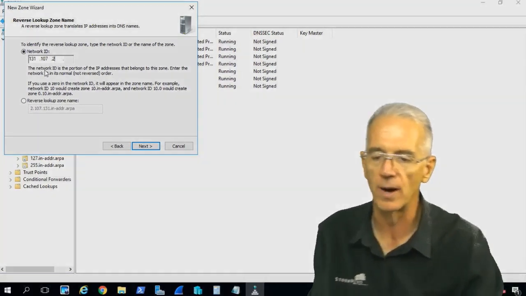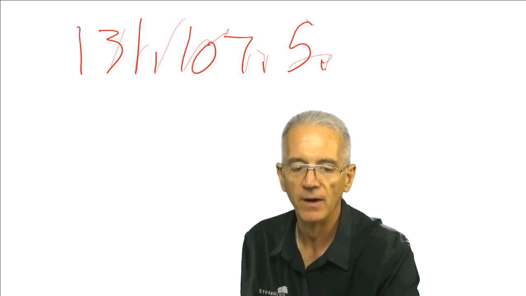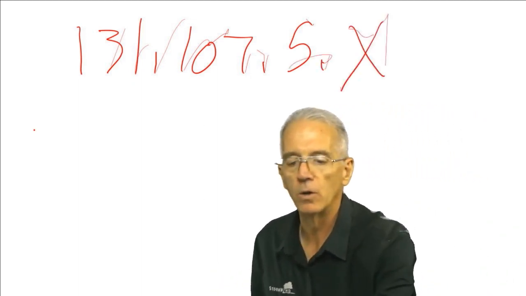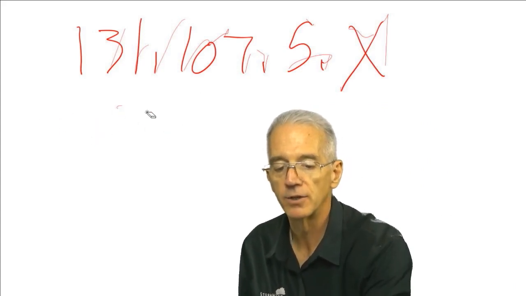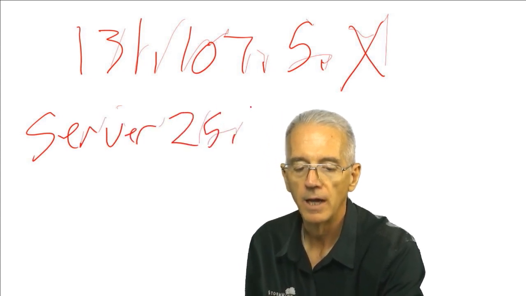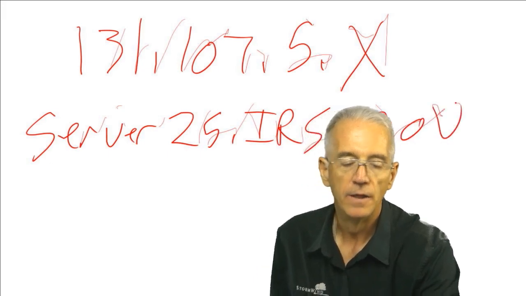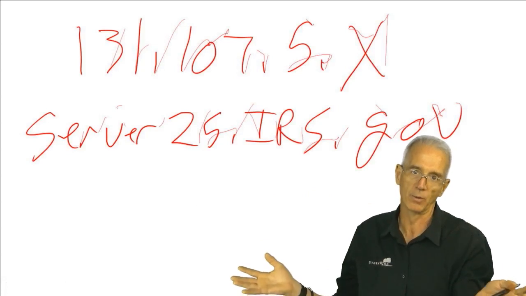When you have an IP address, we'll have, for example, 131.107.5. something. So we're going to say this entire subnet. If we go to www. Or we'll just say server25.irs.gov, they approach the resolution backwards.